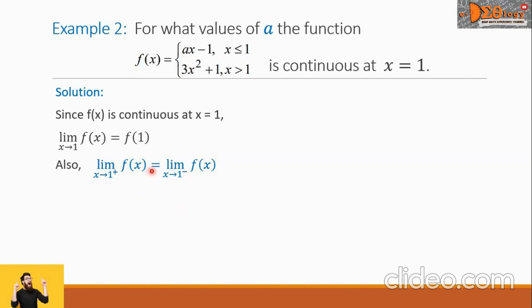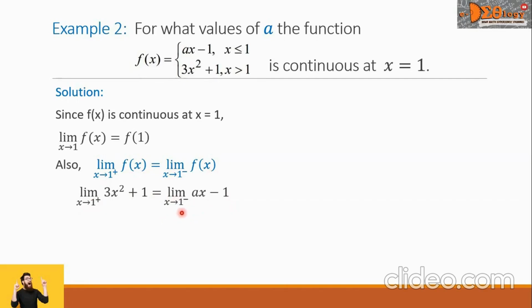Substituting the corresponding functions, we have the limit of 3x squared plus 1 as x approaches 1 from the right is equal to the limit of ax minus 1 as x approaches 1 from the left.